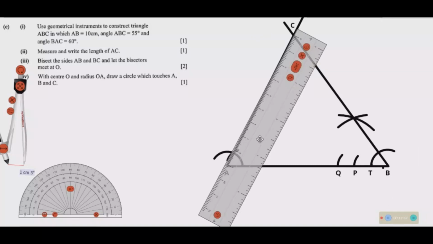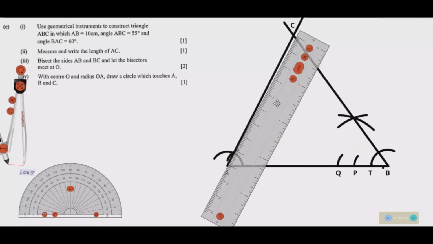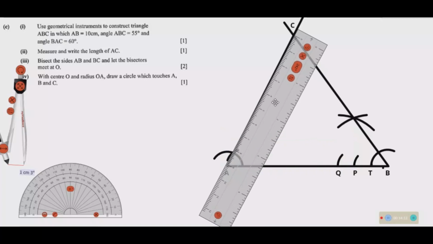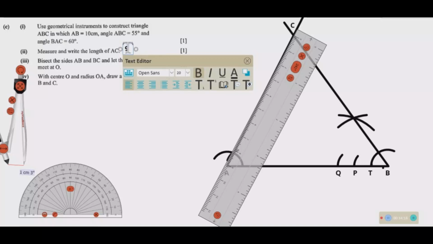When we look at AC, the length is approximately 9 centimeter. If we take a closer look, that is 9 centimeter. So we write 9 centimeter here.